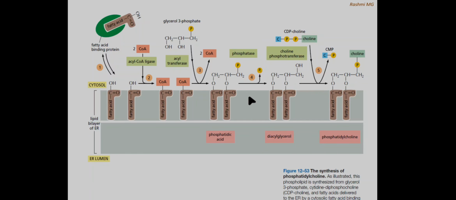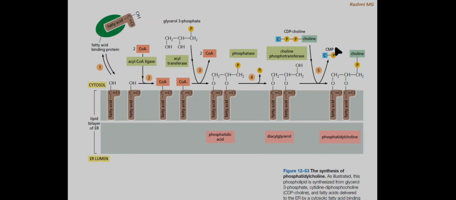How is it formed? With the removal of the phosphate group from phosphatidic acid, it forms diacylglycerol with the help of the enzyme phosphatases, and then phosphorylation and activation of the head group happens with the help of CDP choline.